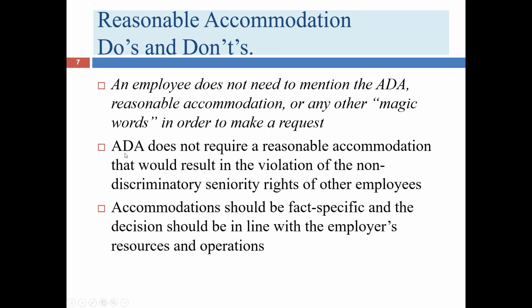So while there's lots of things that the employer can be required to do as an accommodation, one thing that employers don't have to do is violate the seniority rights of other employees. So let's say this particular employer has a union contract, a collective bargaining agreement, in other words, and that agreement requires that there's a job posting system, and the people who are promoted are the people who have the most seniority.